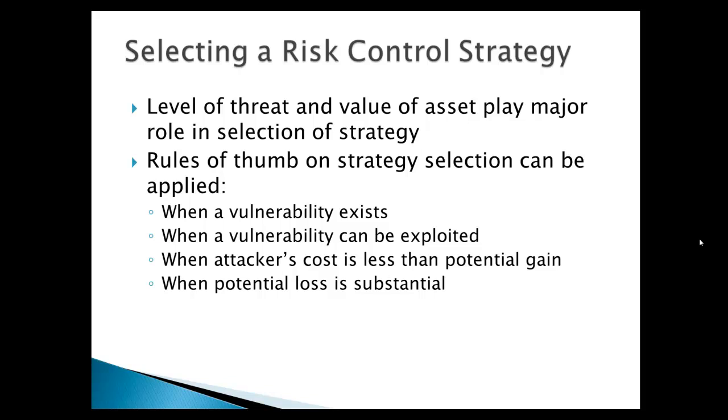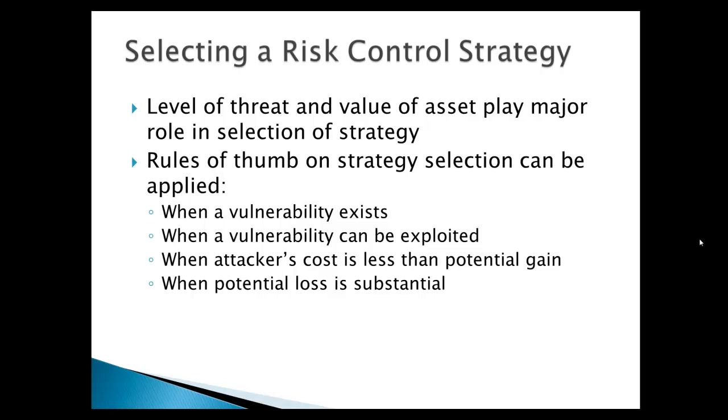When the vulnerability exists, implement assurance techniques to reduce the likelihood of the vulnerability being exercised. When the vulnerability can be exploited, apply layered protections, architectural design, and administrative controls to minimize the risk and prevent this occurrence. When the attacker's cost is less than his or her potential gain, apply protections to increase the attacker's cost.